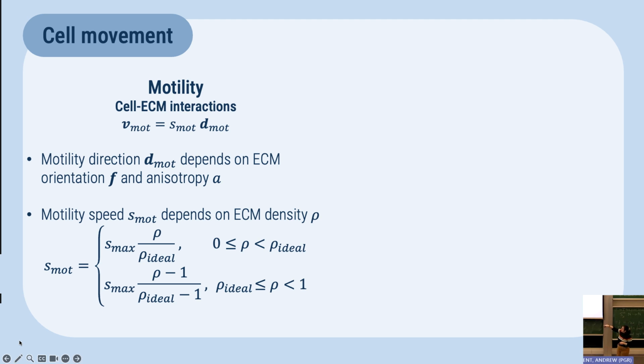And then the motility speed only depends on the ECM density, through a function called haptokinesis, and essentially it's just saying that the cell motility speed will be max for an ideal value of the ECM density.